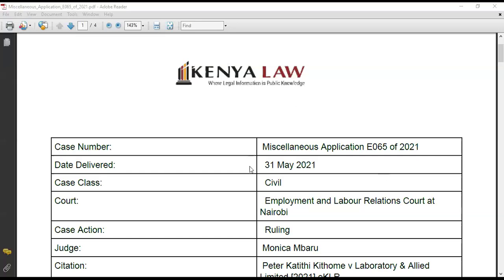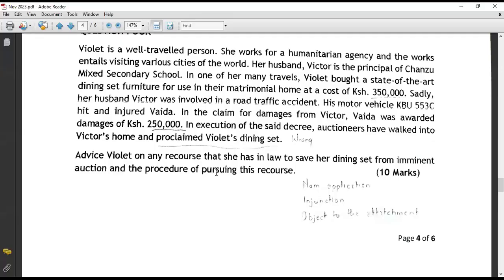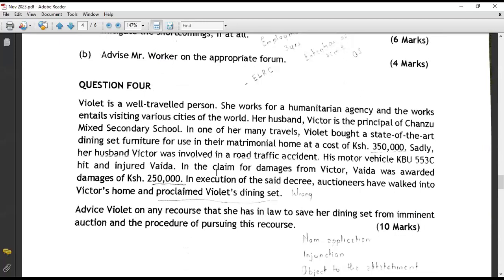So I continue to the next question, which is question 4, November 2023.